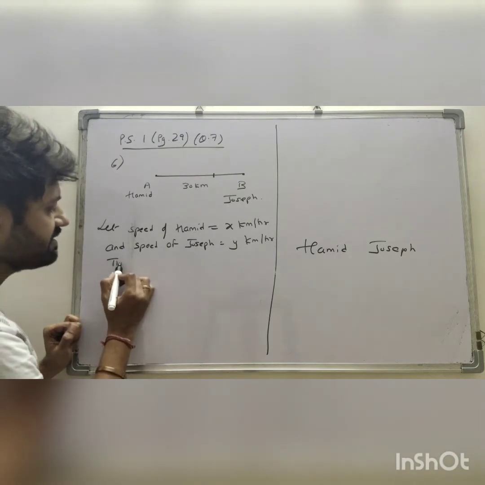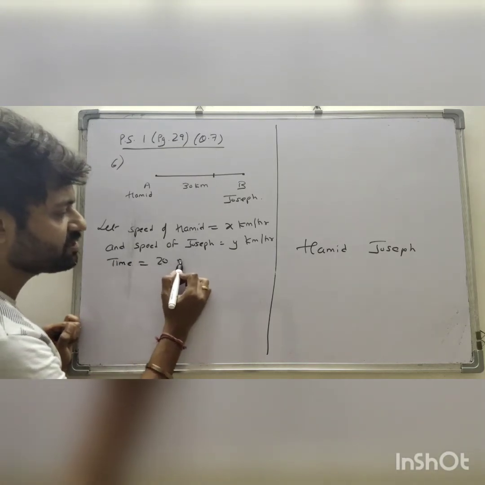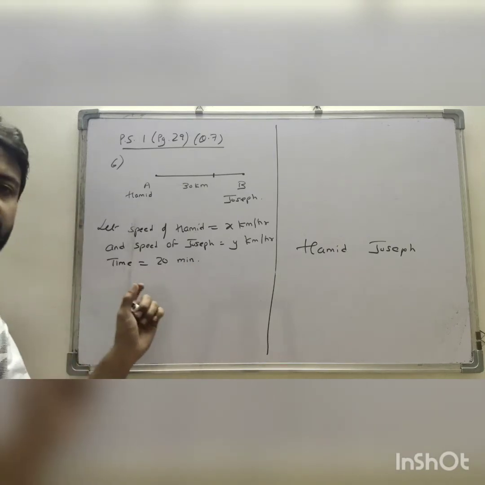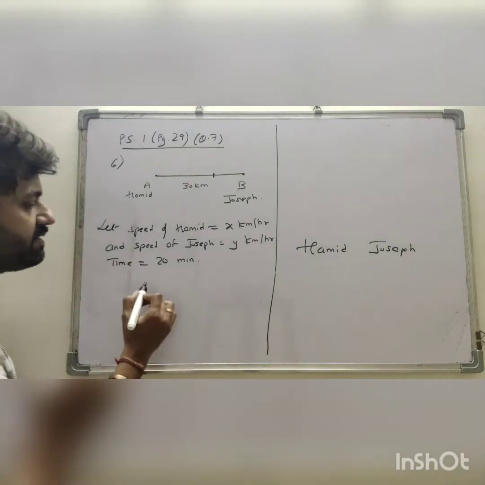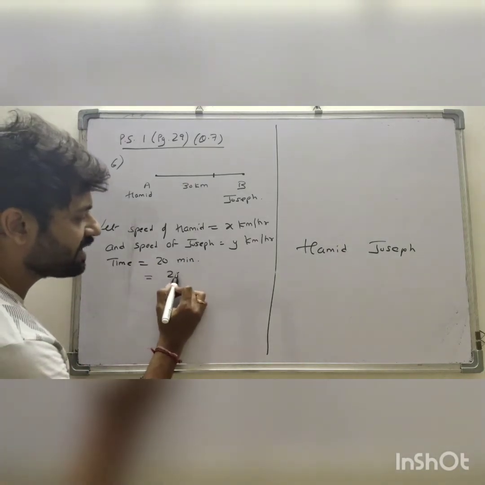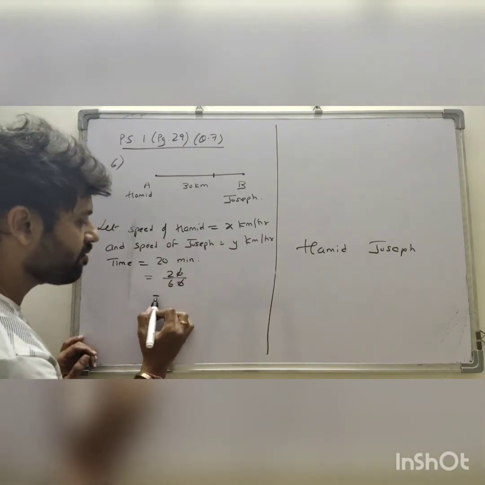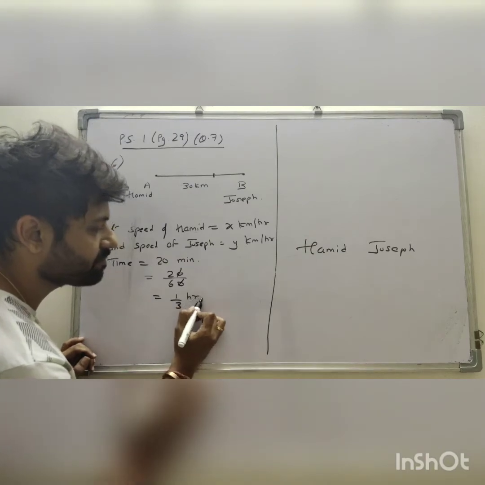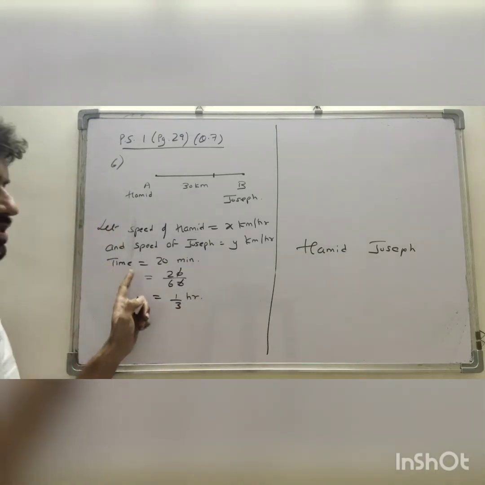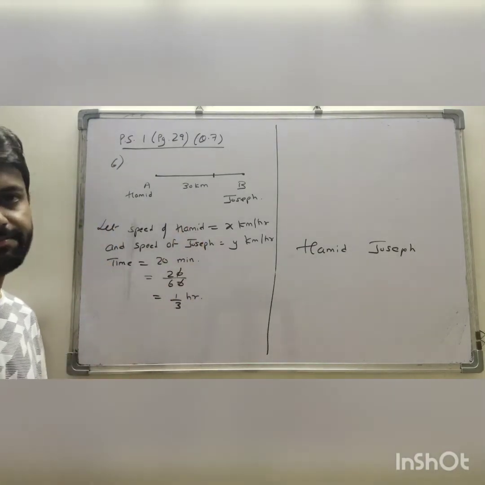The time what they said is 20 minutes. If I want to convert it into hours, I will have to divide it, and I get 1/3 hour. So this is their common time.